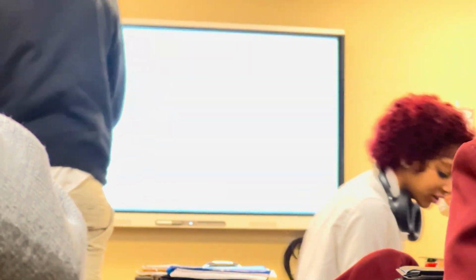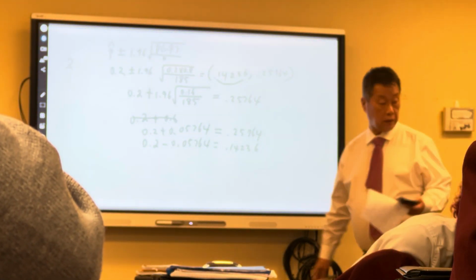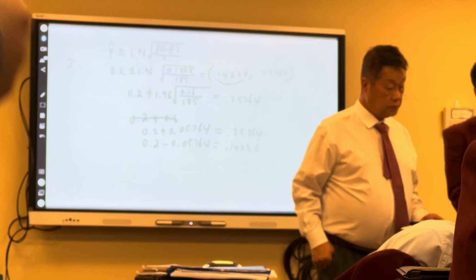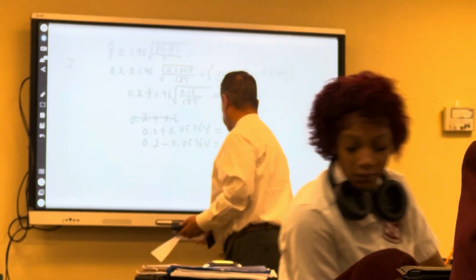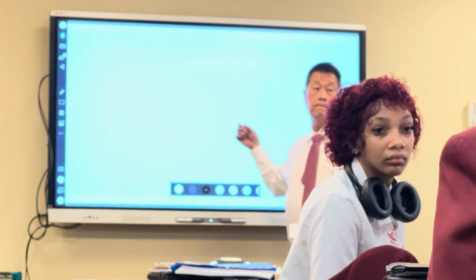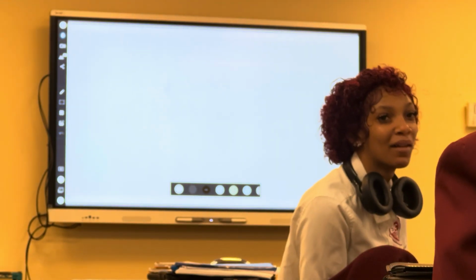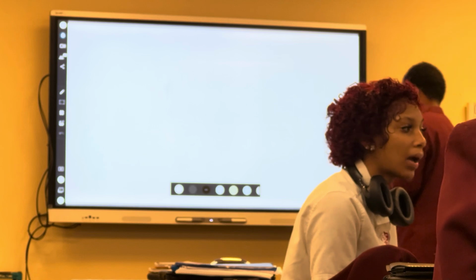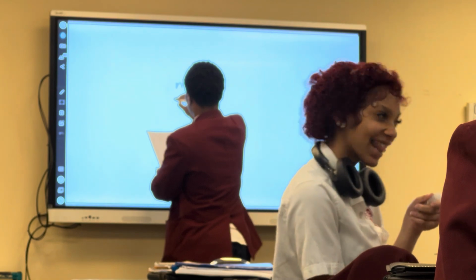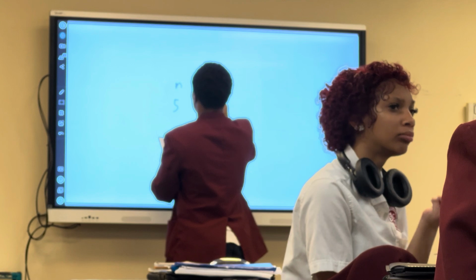Anybody want to try number 4? Try it on the paper first. Just do the one minus this. You got 125. I wouldn't use times because that looks like a variable, so you're just gonna do the asterisk or a dot.